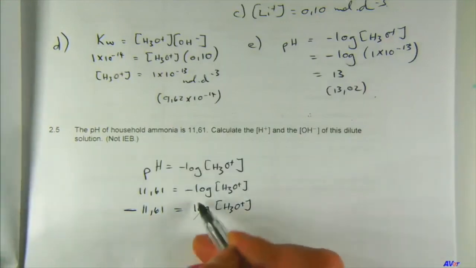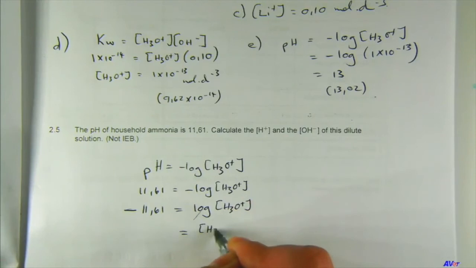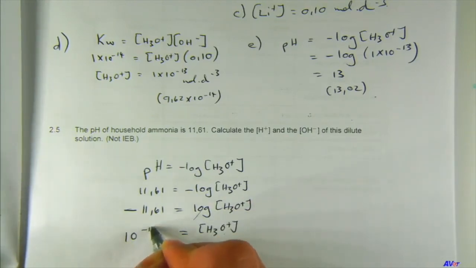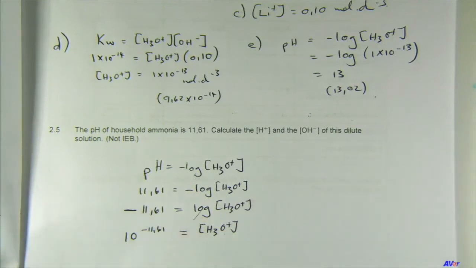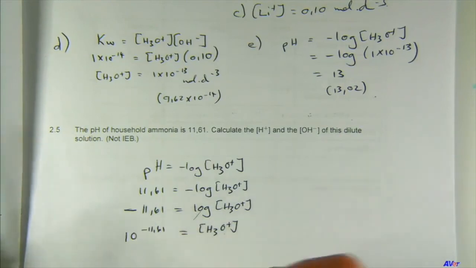Right, so I took the negative over. Now I want to take away log here. If I take away log on this side, I have to add a 10 underneath there, because that is what log means. What is the number if we have it to a base of 10? Right. Now, how do I do this on my calculator? I will say second function log of minus 11.61.